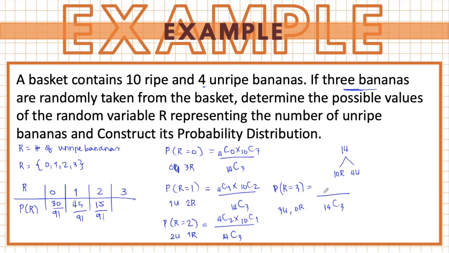Okay, so this will be 4 choose 3 times 0 ripe, so that is 10 choose 0. And then we compute, this is 1 over 91. And this will be the discrete probability distribution.